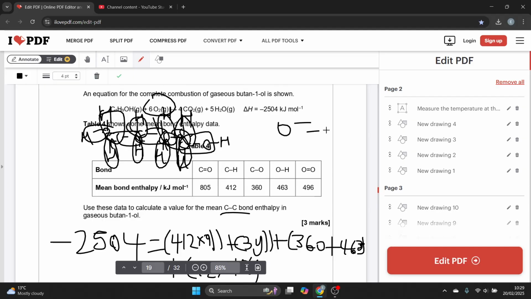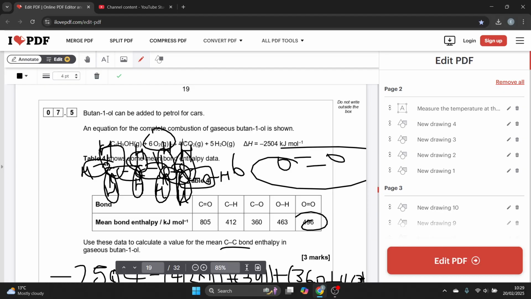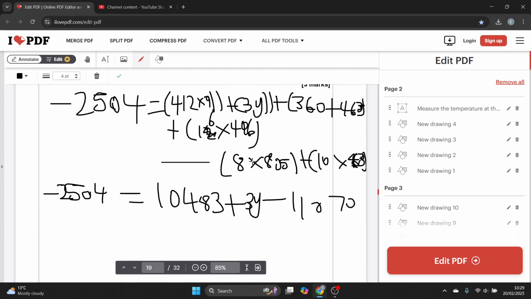It's O=O, and I've got 6 of them. And O=O is just 1, which is 496, so it's 6 times 496. And that means this is also wrong. No, that's right, and then that's right, because these are 2 separate ones. That's 8, and then that's 10. So I just made a silly mistake there.